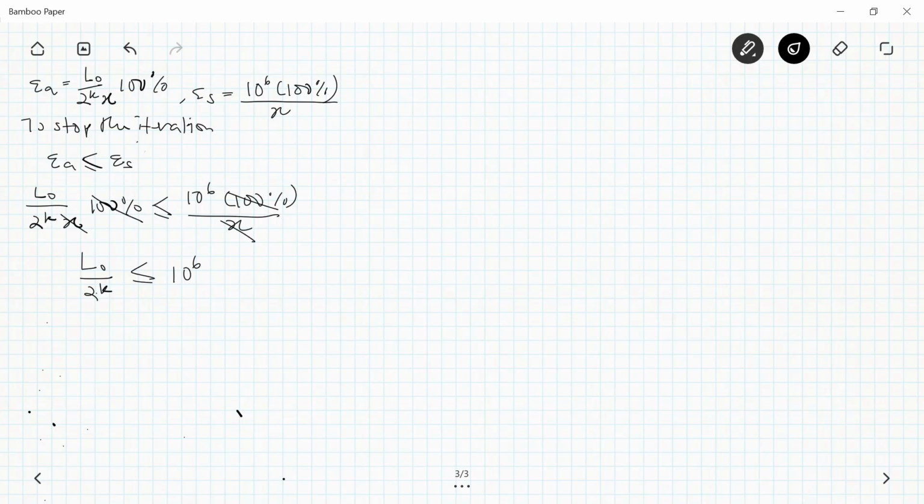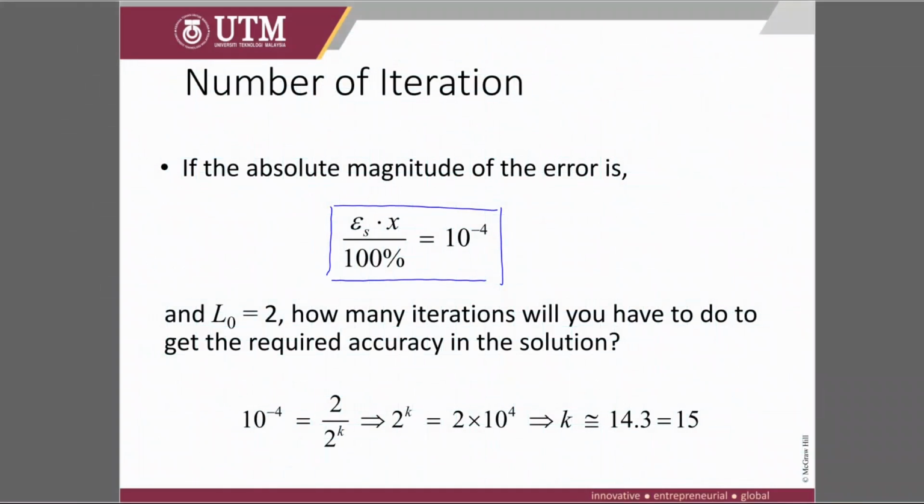Okay, this is similar to the formulation. This is the error, epsilon S, and this is your L naught, and this is 2^k. So this is the same formula that we get for our case.